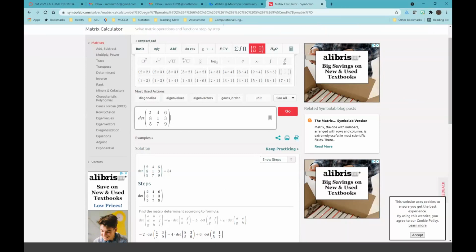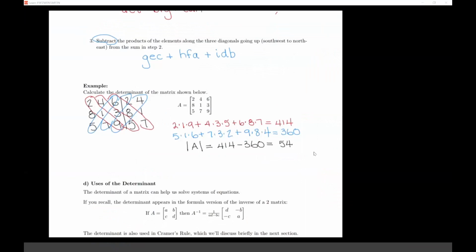So let me stop at this point and ask, do we have questions? Questions on finding the determinant of a matrix? Okay, so again, Symbolab is the way to go, if that's what you have available to you.